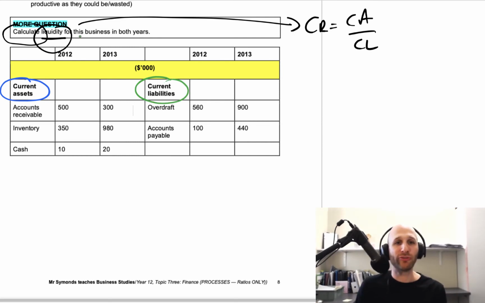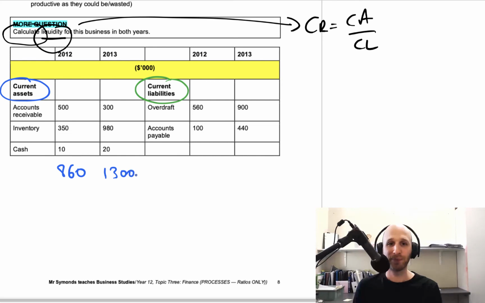So I'll add this up: $860 in 2012, then 1300 there, 660 here, and 1340 over there. These ones should be in green.